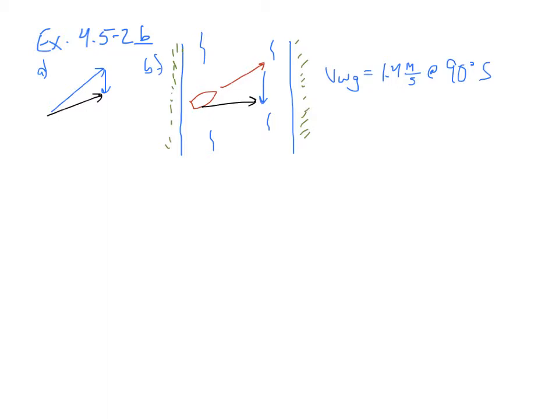So what we've done is we've created a right angle triangle right there. All right. The velocity of the boat with respect to the ground we don't know, but it's something meters per second at 0 degrees north of east, right?